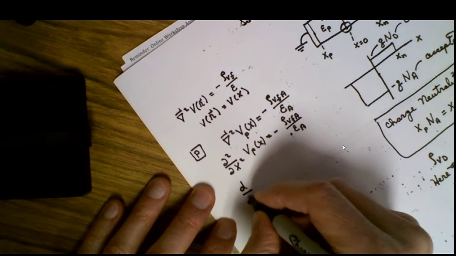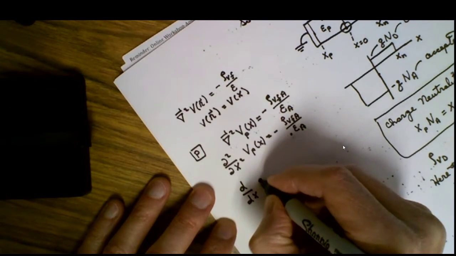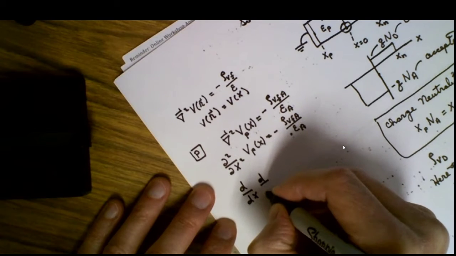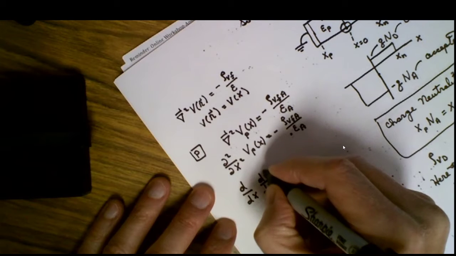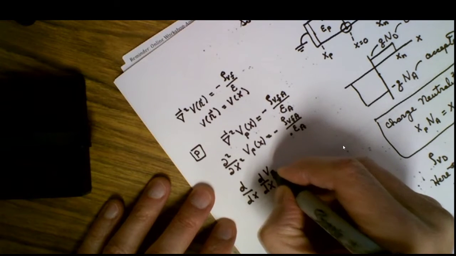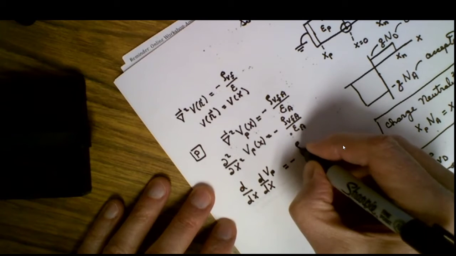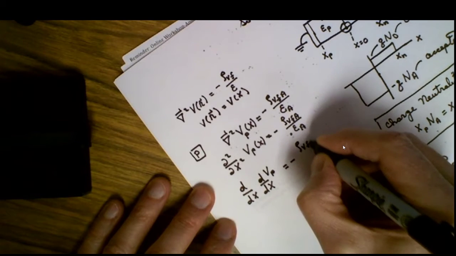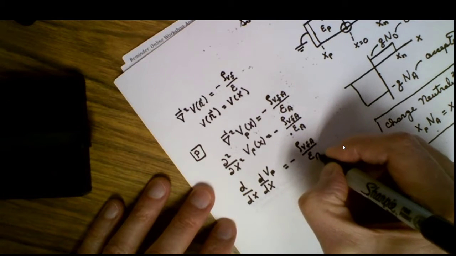It's really the derivative of the derivative that gives rise to a second order derivative operating on our potential V sub P, and that's going to be equal to the negative of rho sub V Fa divided by the permittivity of that medium.